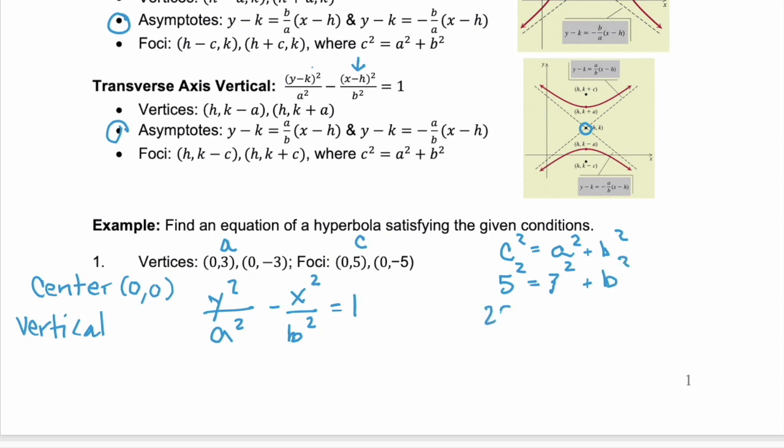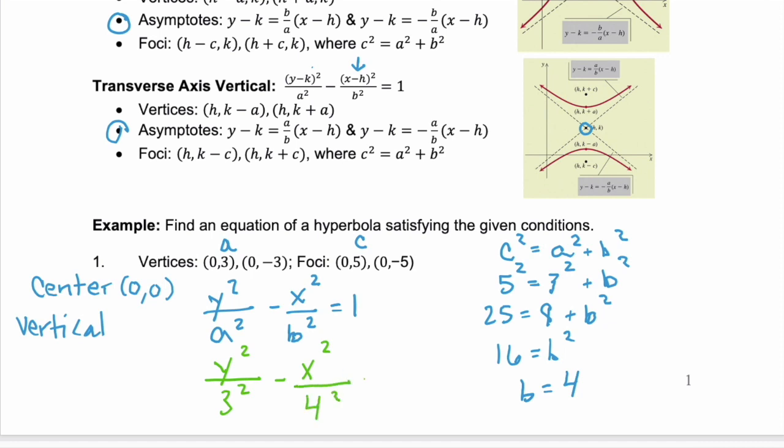We have 25 equals 9 plus b squared. My pen doesn't want to work. Subtract 9 from both sides and we get 16 equals b squared, or b is going to be equal to 4. So we can write the equation y squared over a squared minus x squared over b squared equals 1.